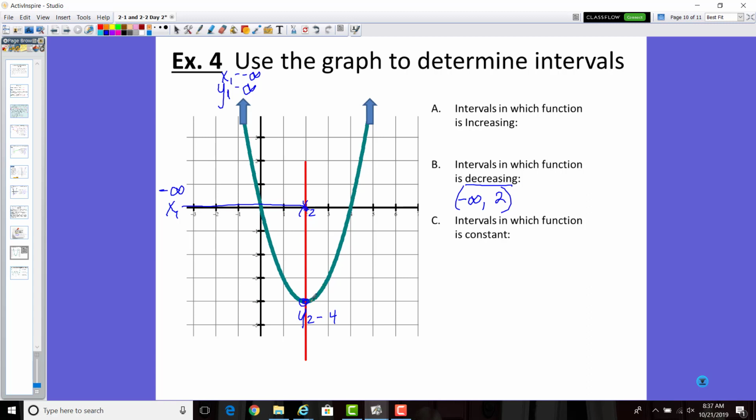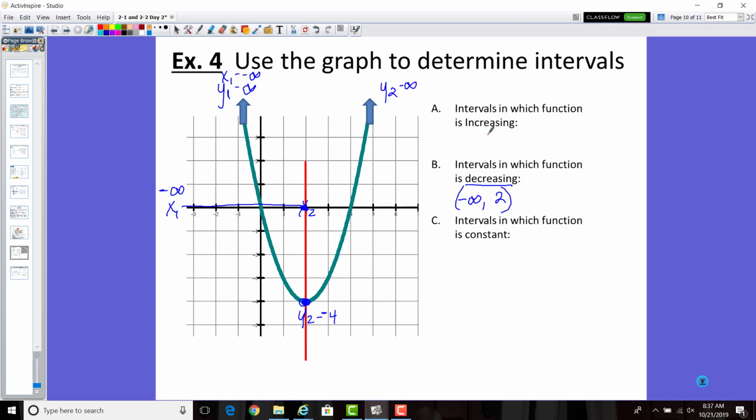Then we can change this from this y value to this y value. My y's are increasing. This y value of negative 4, I'm sorry, is much smaller than this y value of positive infinity. But where are those y values increasing?